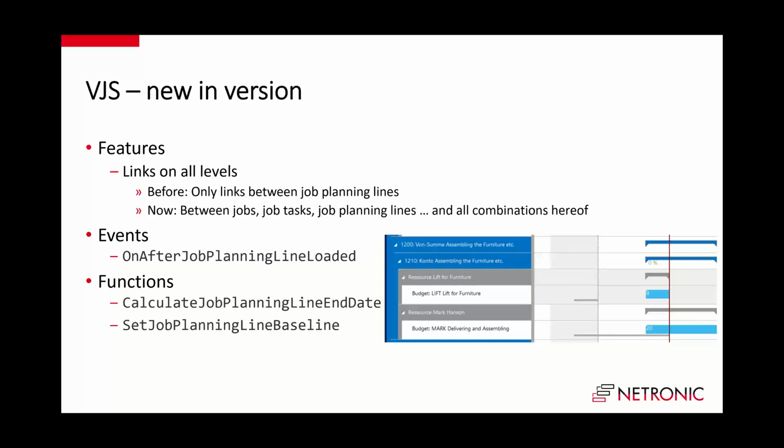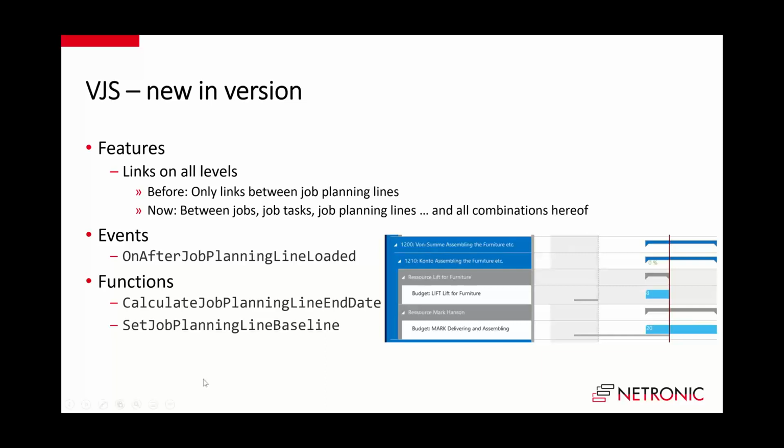So if they do an initial project plan and then want to save the baseline, and if you build functionality for them so that they can store a project baseline, we now have in the VJS a function that is called set job planning line baseline. So then you can make use of this data that you have to store for your client, or that you have to manage for your client.